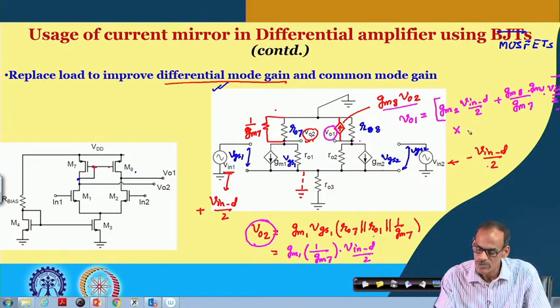The resistance here is RO8 in parallel with RO2.